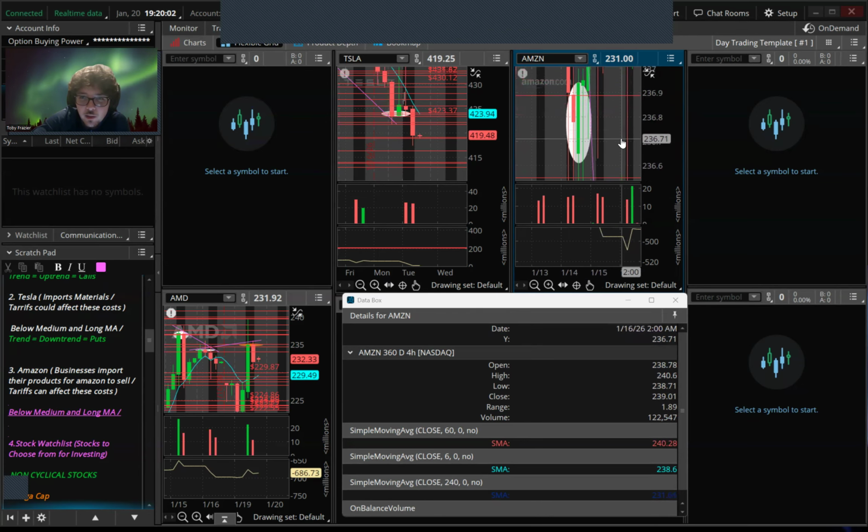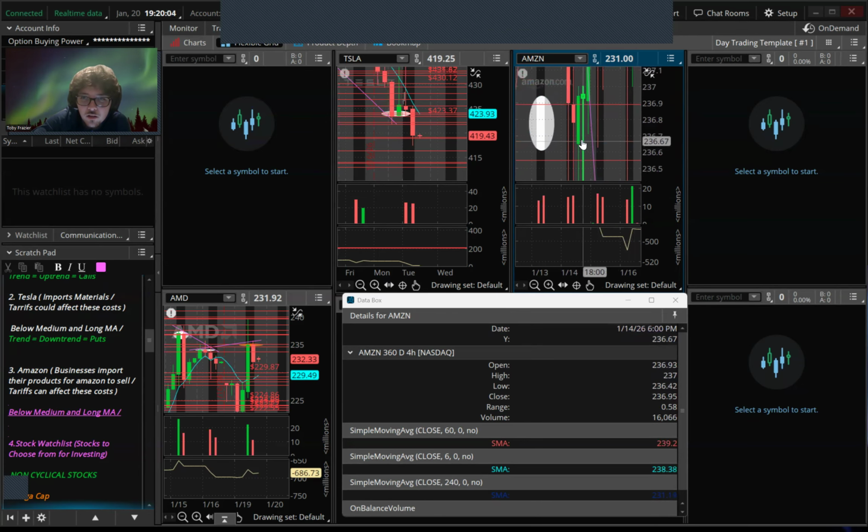See right here, swing low. You can see that it's the open of this candle. One, two on the right, two on the left.